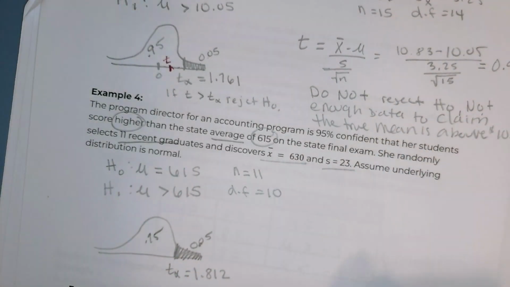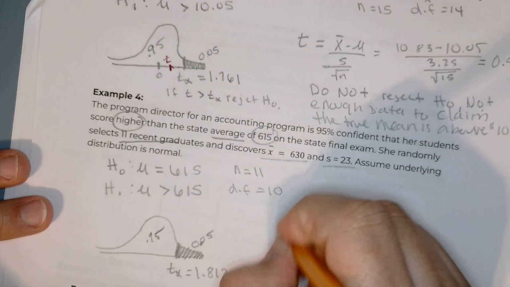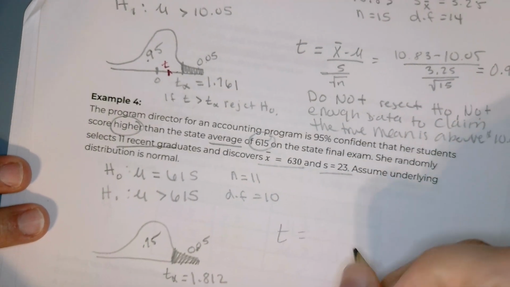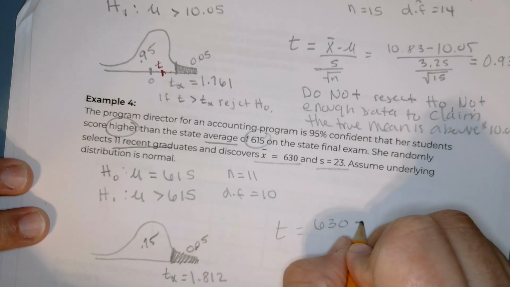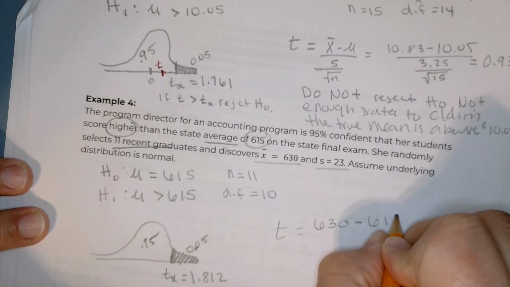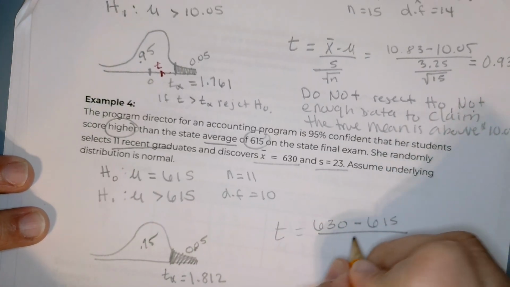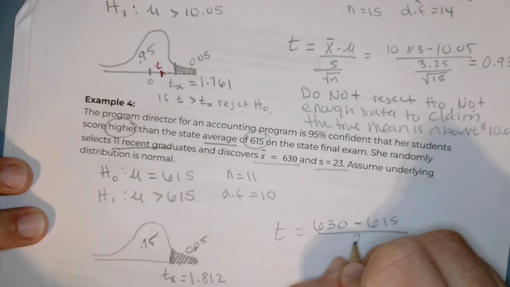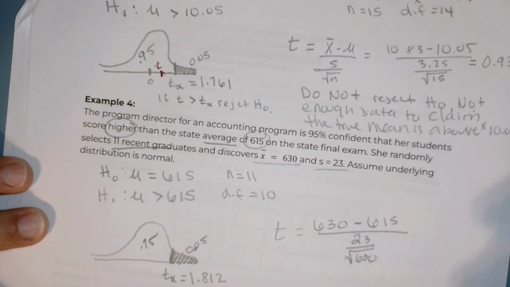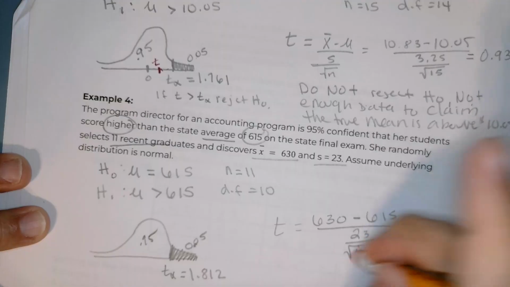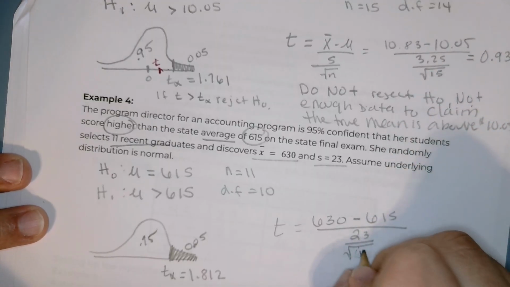We're going to compare our data to this number by running the statistic. We're going to take our sample mean, subtract the mean we think it is going to be, divide by the standard deviation divided by the square root of the sample size. Oops, sample size is only 11, my bad.